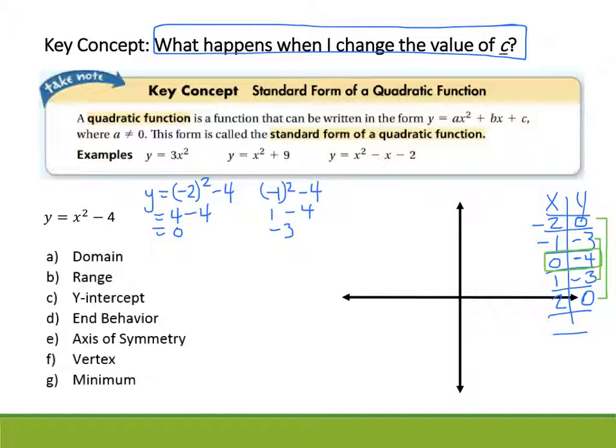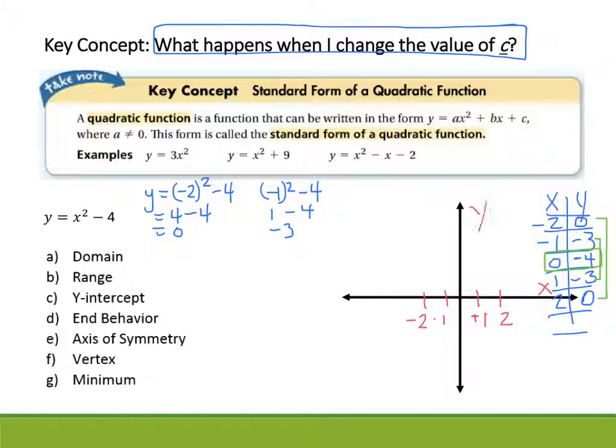So let's graph these points. Again, I'm going to use a scale of 1 along my x-axis. Oop, that's a positive 1. And 2. This is the x-axis.